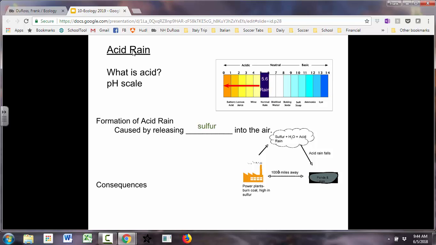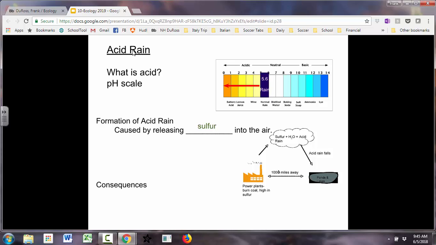However, sulfur gets into the air, released by burning dirty fossil fuels, especially coal. When sulfur gets into the air, it goes through a chemical reaction, reacts with water, and forms sulfuric acid. That sulfuric acid takes the acidity of the rain and lowers it to 5, 4.5, even maybe 4.